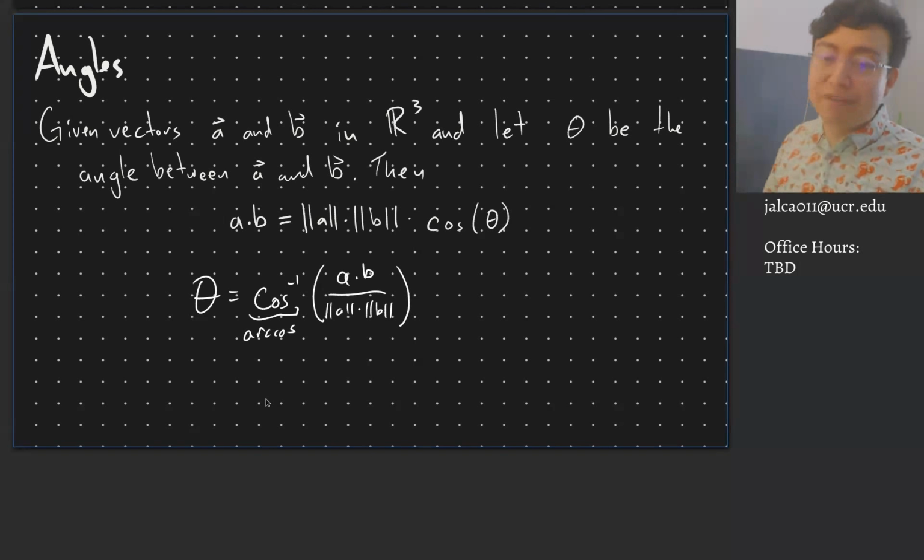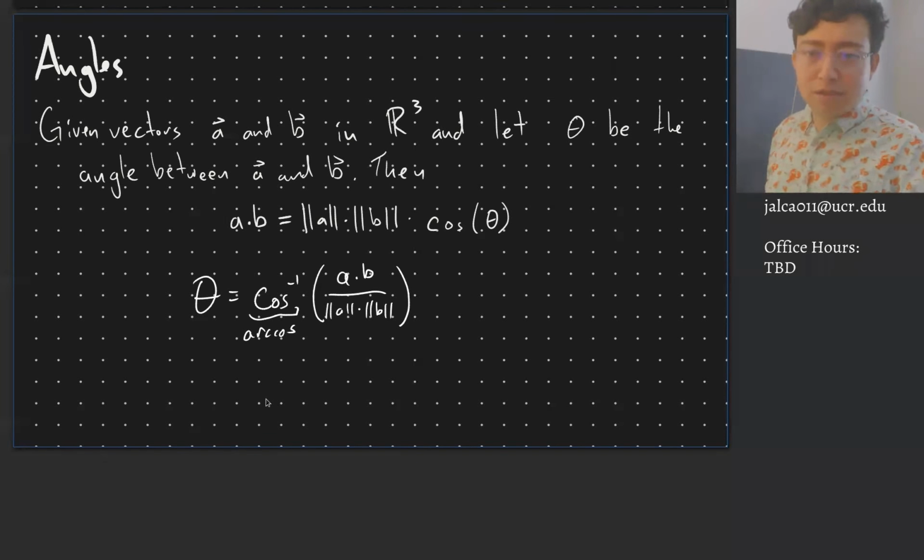Now, if you remember a little bit about the arc cosine, does anyone remember what the range of arc cosine is? Remember that cosine takes in any angle and will spit out a number between -1 and 1, right? So arc cosine is going in the opposite direction.